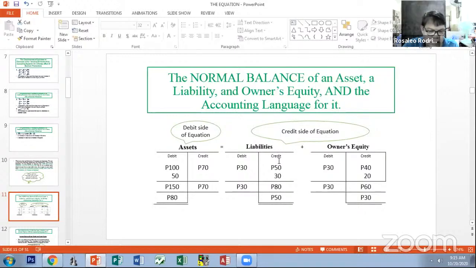So it does not necessarily mean that a debit is always an increase or a credit is always a decrease.